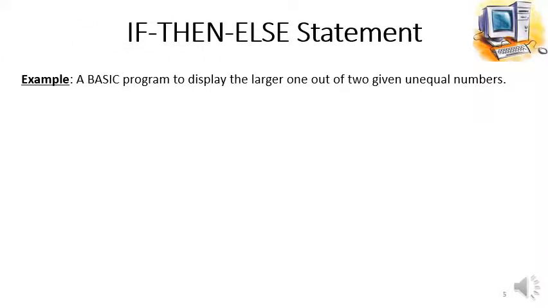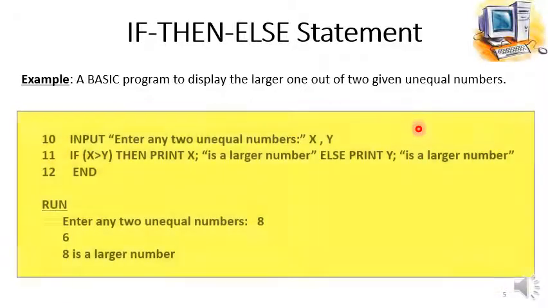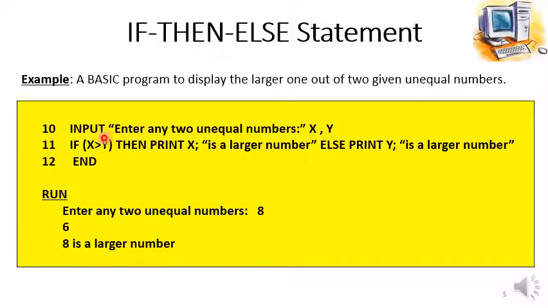Here we have an example, a BASIC program to display the larger one out of two given unequal numbers. At line number 10, we have the input statement which displays enter any two unequal numbers.